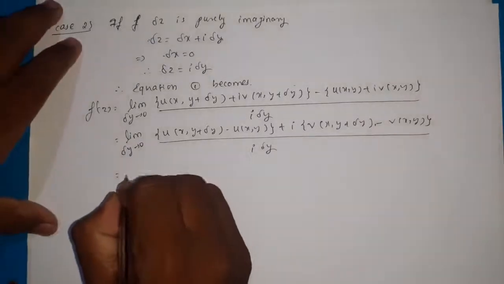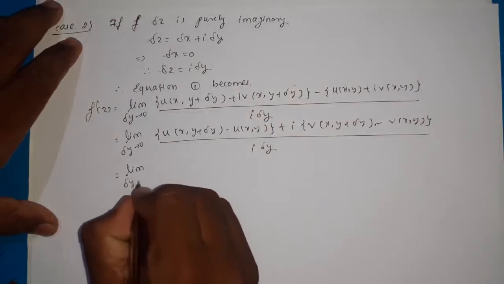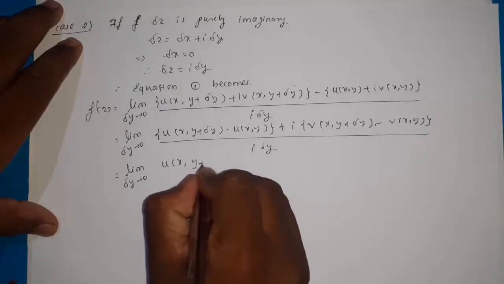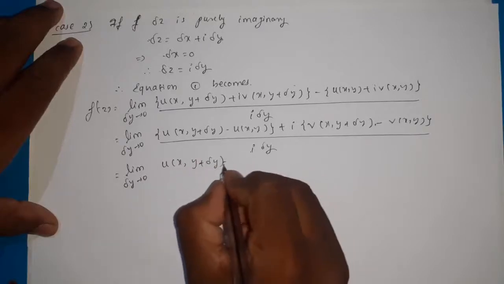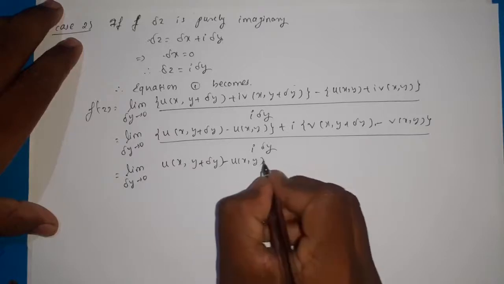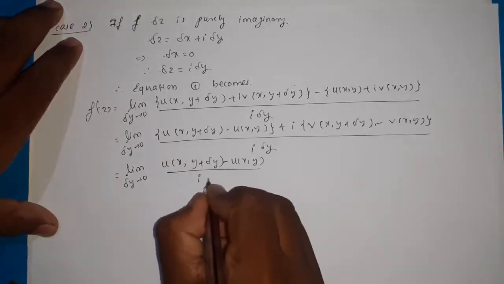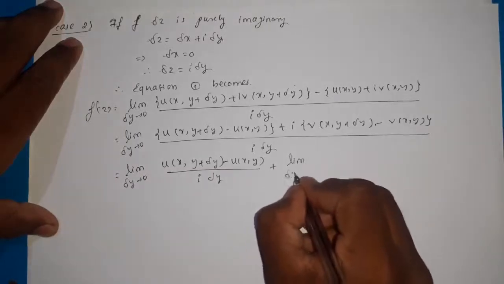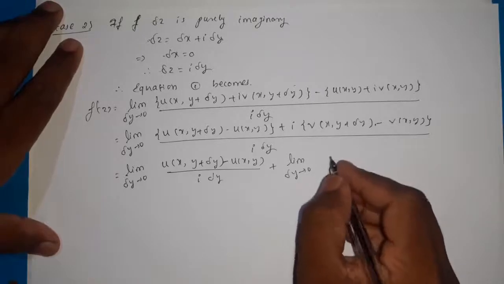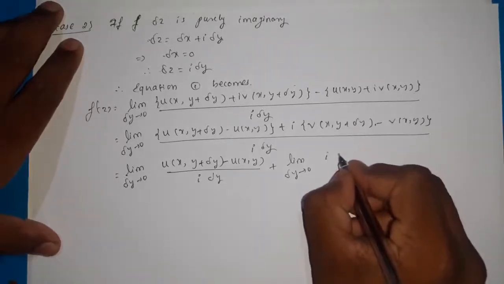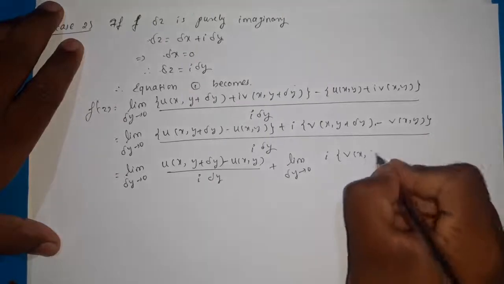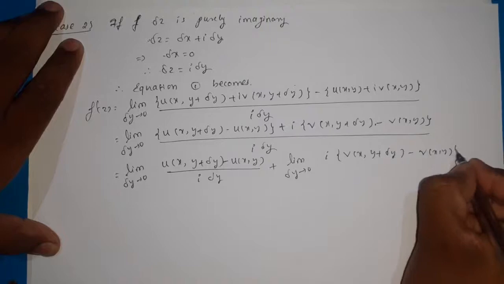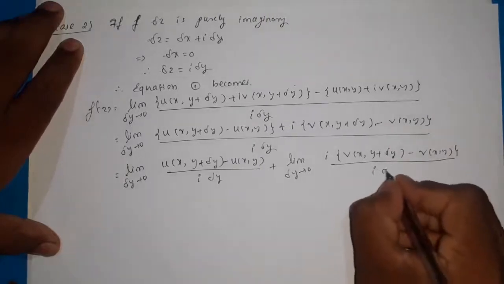So therefore limit as delta y tends to 0 of u of x comma y plus delta y minus u of x comma y divided by i delta y, plus limit as delta y tends to 0 of i into v of x comma y plus delta y minus v of x comma y divided by i delta y.